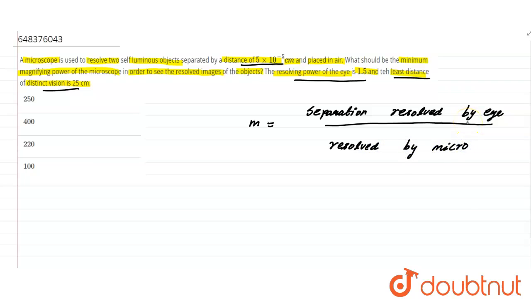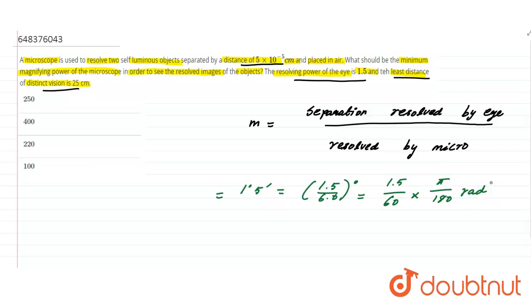So the angular limit of the resolution by eye is 1.5 minutes, so phi dash equals 1.5 divided by 60 degrees, which is 1.5 divided by 60 into pi by 180 radian.